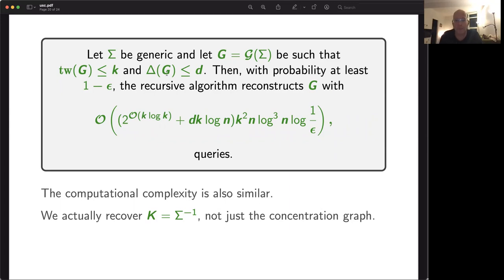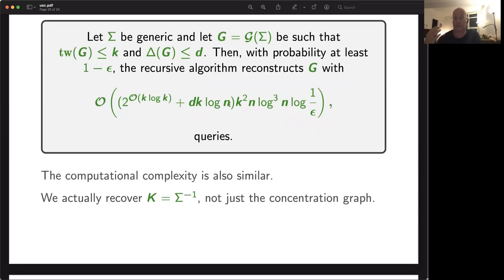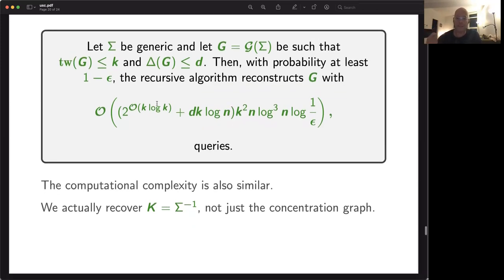Well, it's possible because we assume that the inverse of the matrix has this structure. If you have a positive definite matrix such that the inverse is supported on a graph of bounded treewidth and bounded degree, then we can invert this matrix just by looking at about n times polylog n of the entries of the matrix.